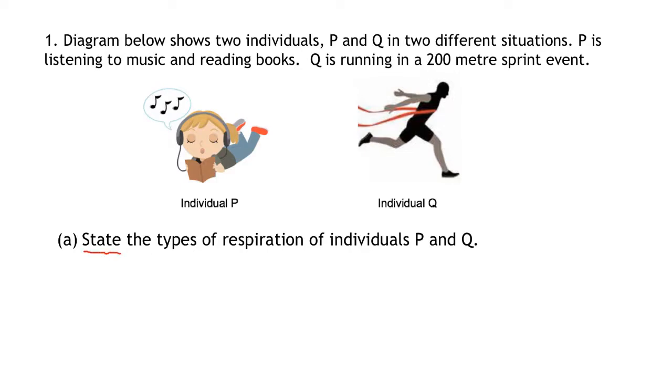State the type of respiration of individual P and Q. This is a remembering question, 2 marks. The keyword used in this question is state. So you just need to state the types of respiration.